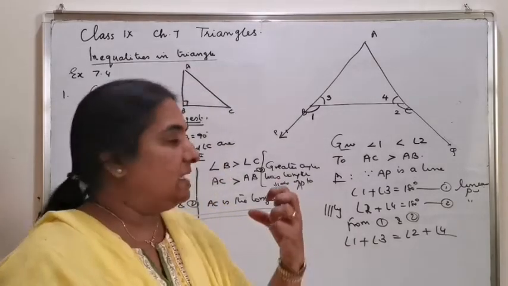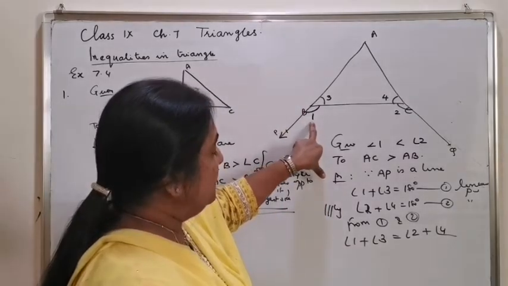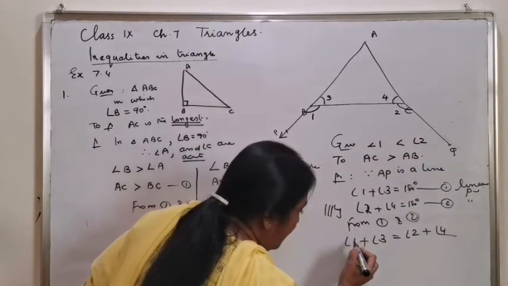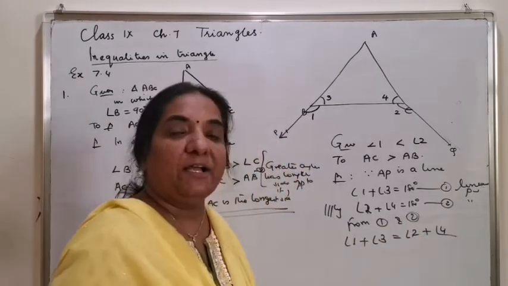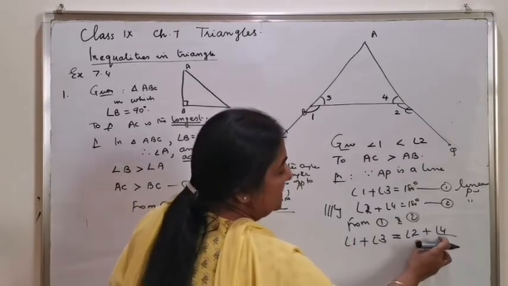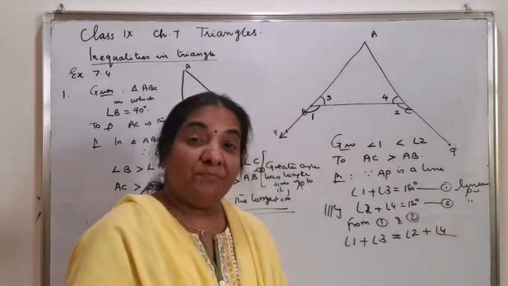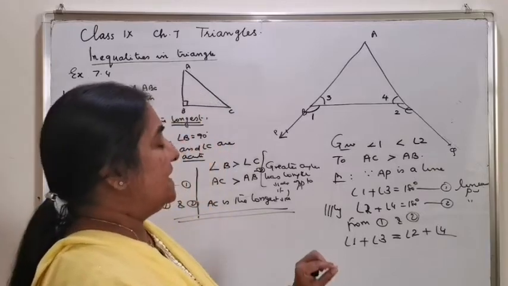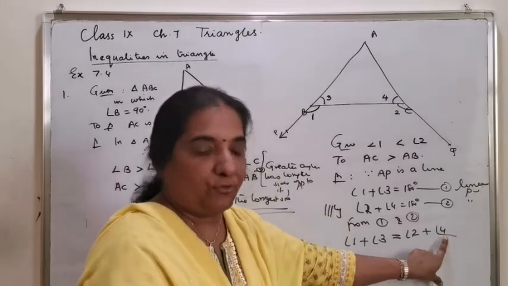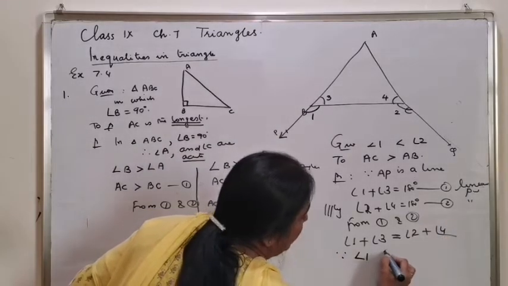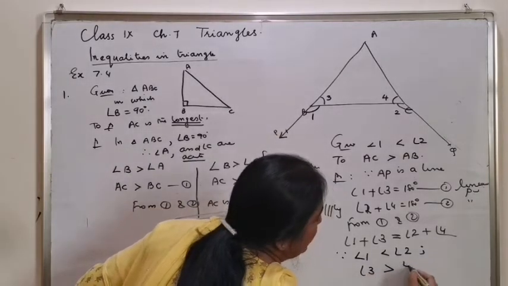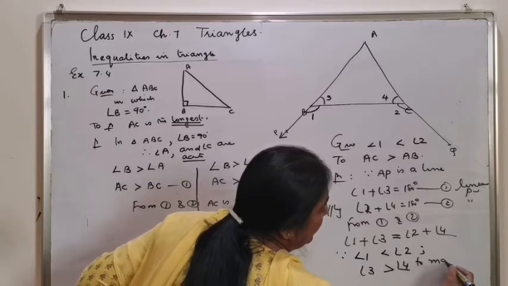Now, apply the logic. Since angle 1 is smaller than angle 2 and the sums 1 plus 3 and 2 plus 4 are equal, angle 3 should automatically be greater than angle 4.